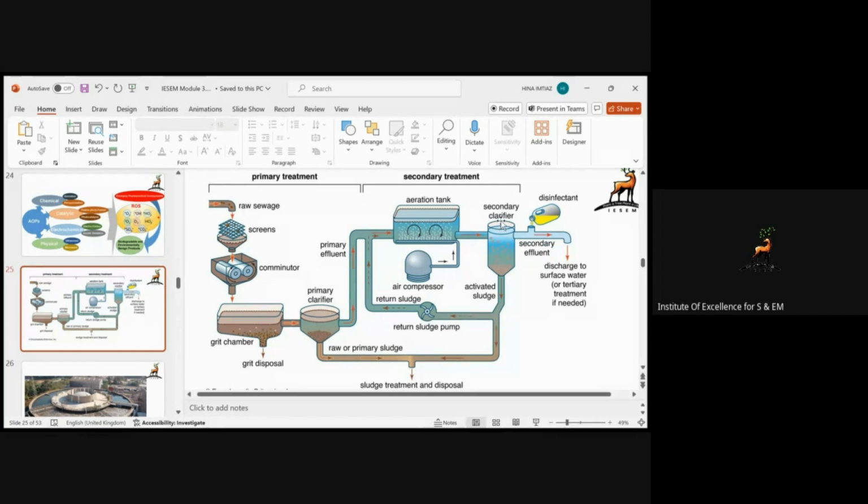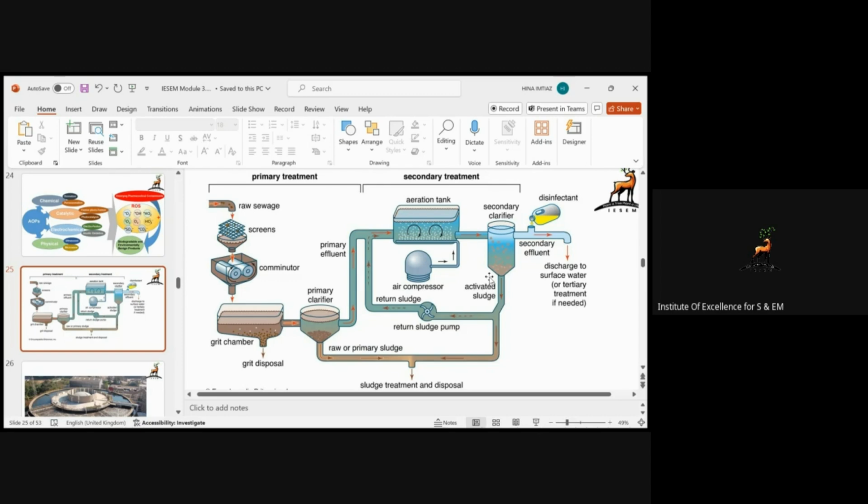In the primary clarifier, we term the sludge raw or primary sludge. You can see that it is labeled at the bottom of the pipe, primary or raw sludge. But now we are using the name activated sludge, because the sludge has been activated with the help of microorganisms.